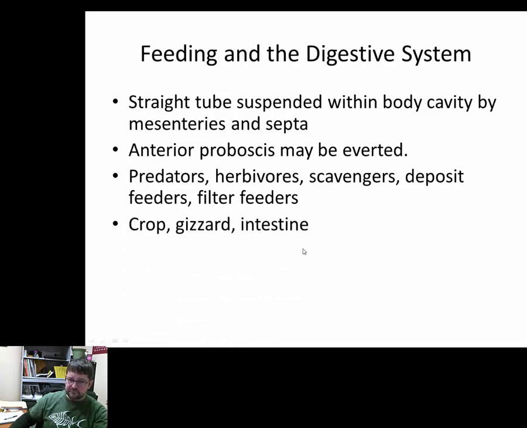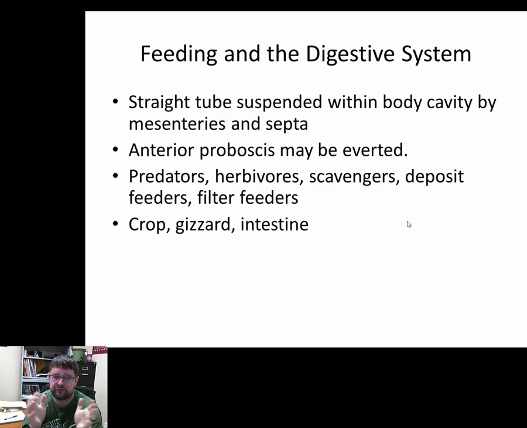Okay? But that distinction that we need to make between mollusks and annelids is that now you start to see in the digestive system, probably due to the evolution of compartments, distinct regions and distinct features.